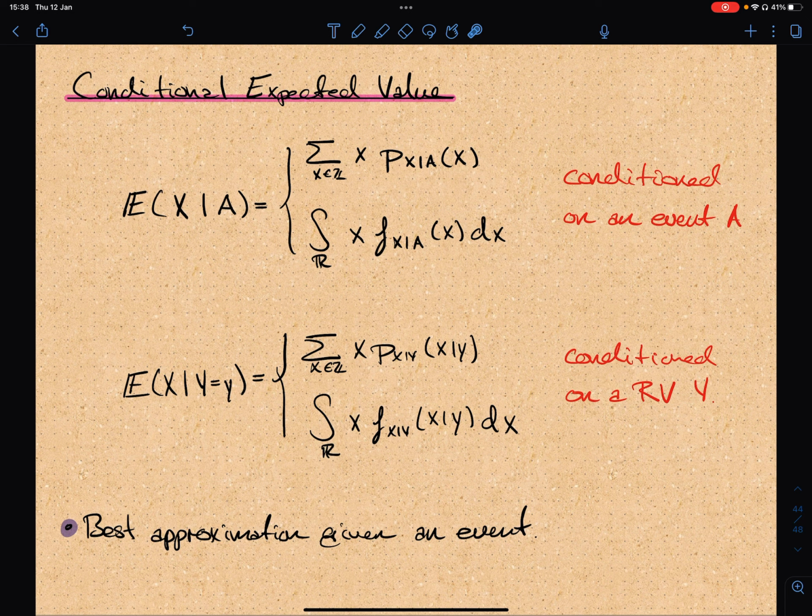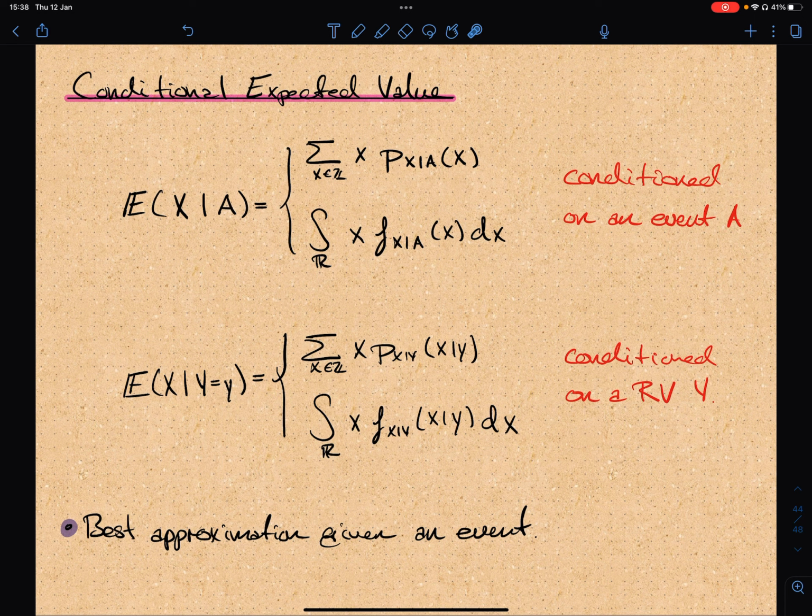So we can think of two conditional expected values. We have our formula for conditional expected value if we condition on an event A, and we have our formula if we condition on a random variable Y.